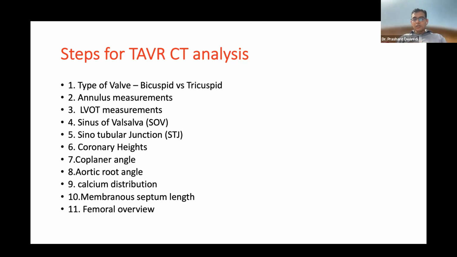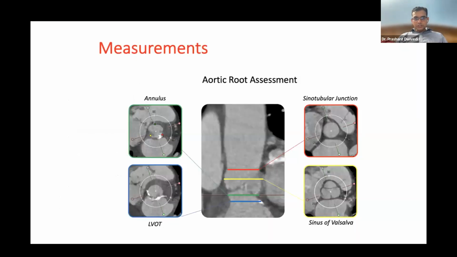If we don't take a proper annulus measurement, then all the measurements during the CT analysis will be affected. Then we need to understand the LVOT measurement, sinus of Valsalva, STJ, coronary height, coplanar angle, aortic root angle, calcium distribution, membranous septum length, and the femoral overview. I will go into detail about each and every one.